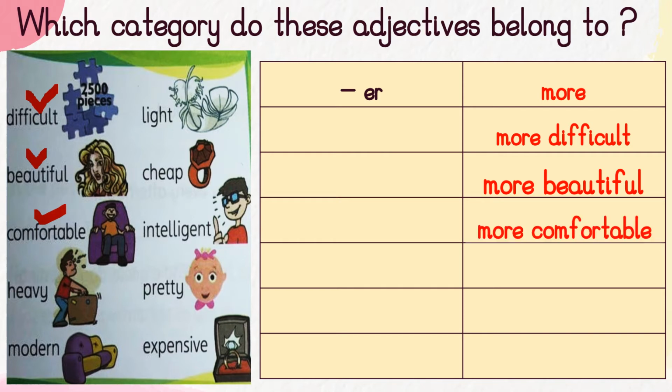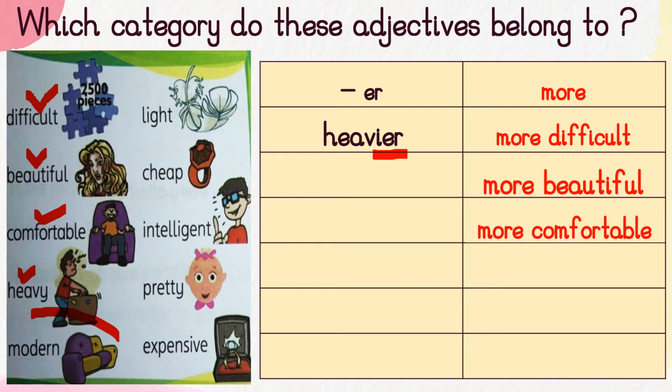It will be more comfortable. Now, heavy. This one will be 2 syllables. Do you think it will be heavier or more heavy? Excellent. It will be heavier. You need to drop the y, add on ier. It will be heavier.